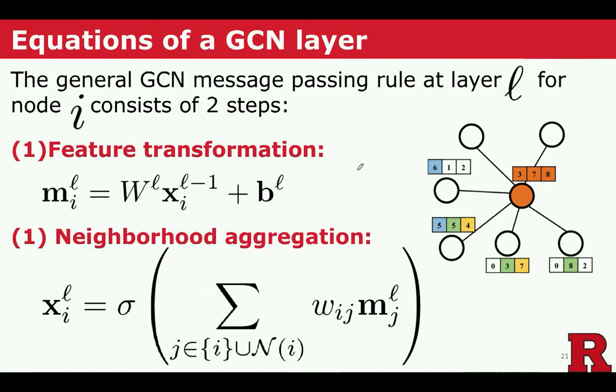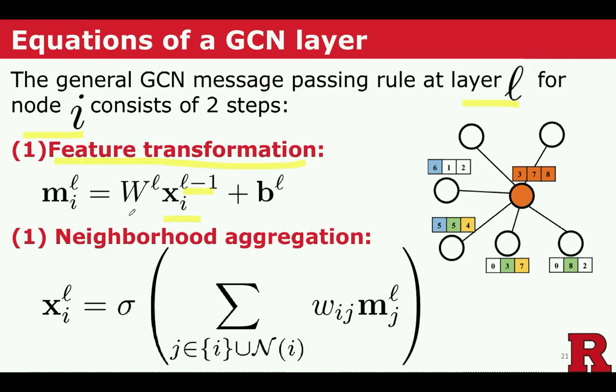The general GCN message passing rule at layer L for a random node i consists of 2 steps. The first step is called feature transformation. Given the feature vector of node i passed as input to this layer, that's why here it is L minus 1.